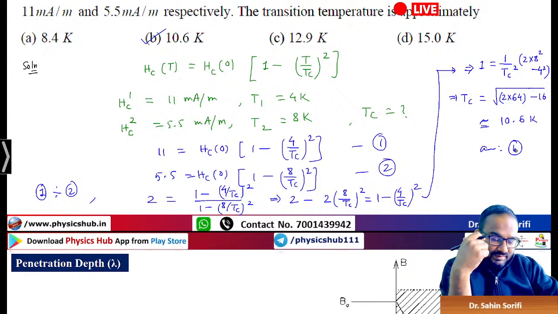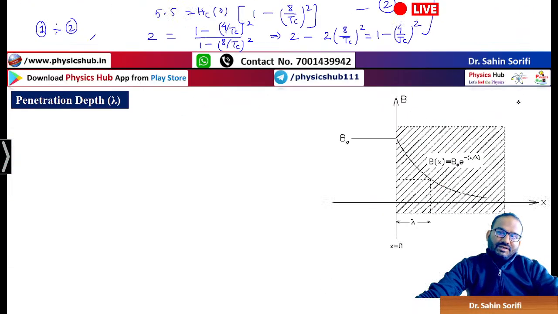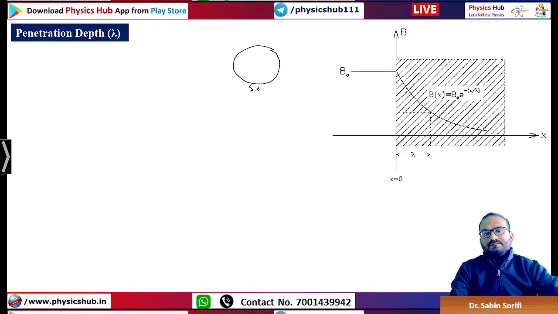Now 10.58 Kelvin. Now you see there is something called penetration depth. We have told you that the magnetic field inside a superconductor is 0. There was a scientist named London.